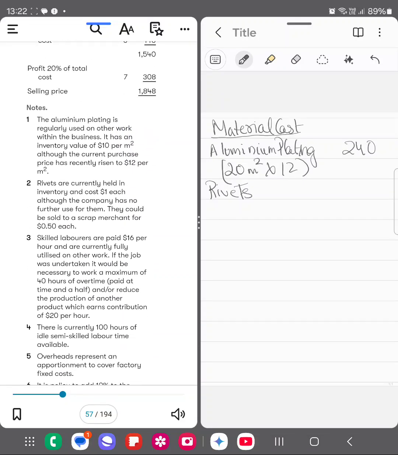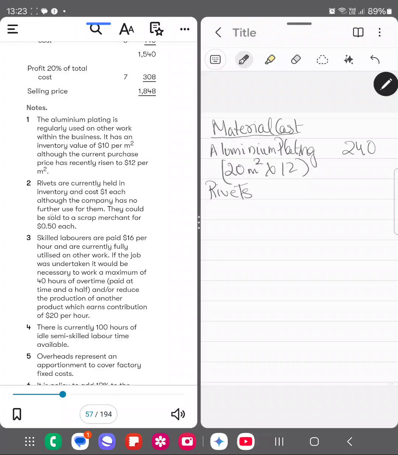And for this there is a second note: rivets are currently held in inventory and cost $1 each. Although the company has no further use for them, they could be sold to a scrap merchant for 0.5 each. So rivets are currently held in inventory and the cost of one rivet is $1 each.